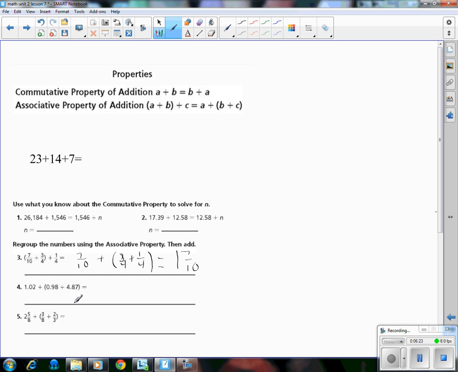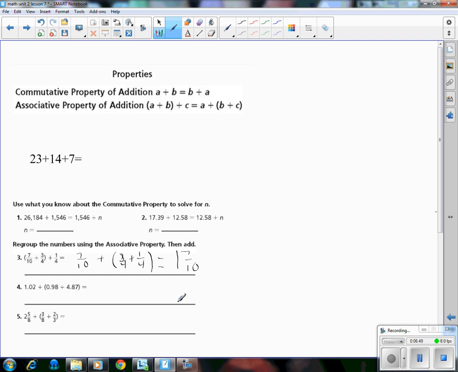Number 4, we have 1 2/100 plus 98/100 plus 4 87/100 inside parentheses. So the parentheses would tell us that we'd need to add these two numbers first. But if I look over here in 1 2/100, I have 2/100 for a decimal, and I have 98/100. I know I can add those together to come up with 1 whole.